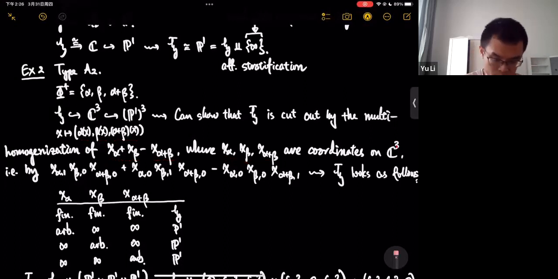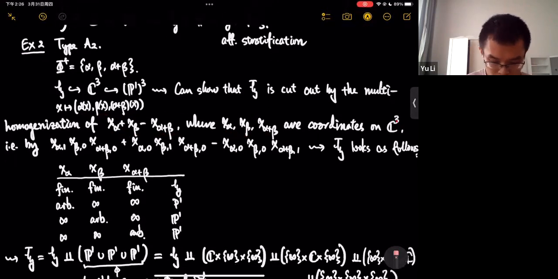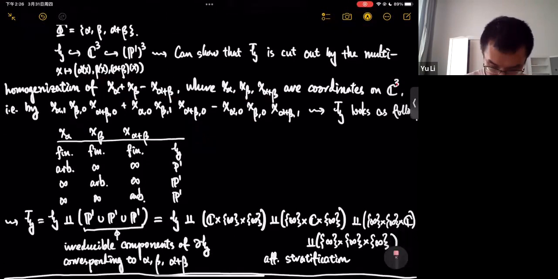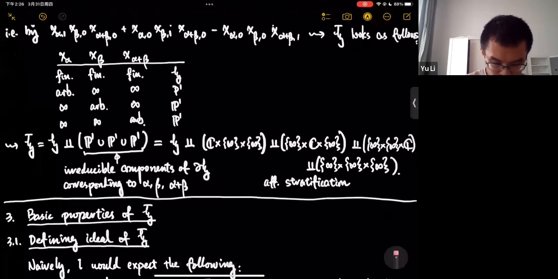If you sit down and look at this equation for maybe 5 minutes, you will convince yourself that H bar is cut out by the multi-homogenization of this equation, namely by this. I won't go into details of what that means; I'll just tell you the final result.